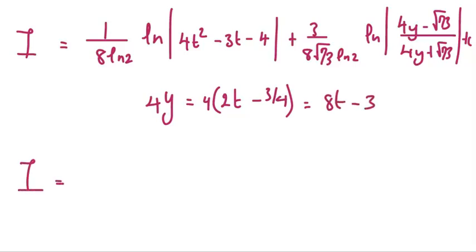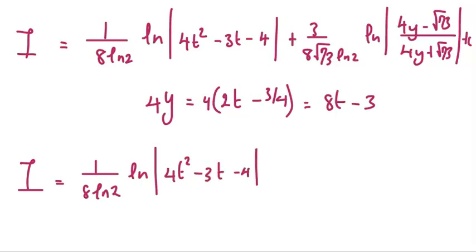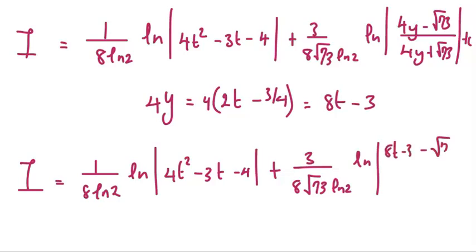So our I is going to be equal to 1 over 8 ln of 2 multiplied by the ln of 4t squared minus 3t minus 4, and here plus 3 all over 8 multiplied by the square root of 73 multiplied by the ln of 2 times the ln of 8t minus 3 minus square root of 73 divided by 8t minus 3 plus square root of 73, and plus c.